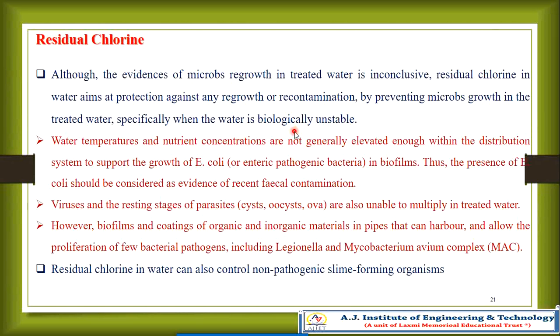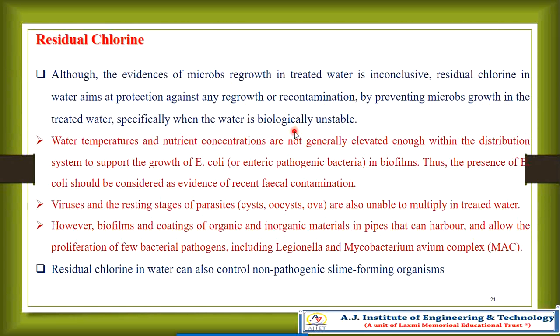For example, 0.1 or 0.2 milligram per liter should be there in the water, because after your chlorine dosage or disinfection action, there can be evidence of microbial regrowth in the treated water.